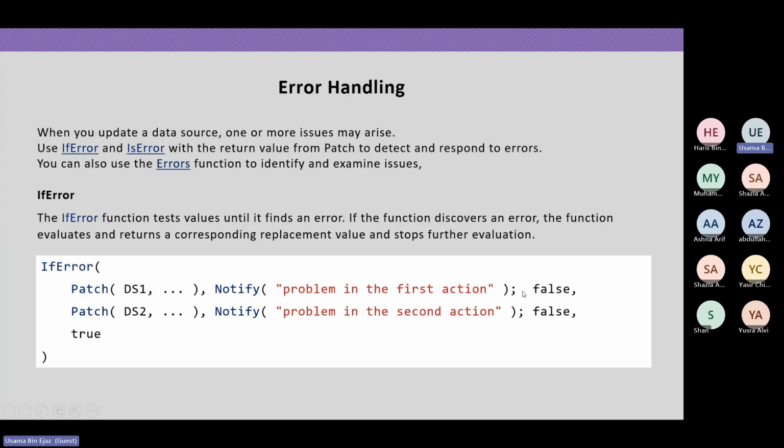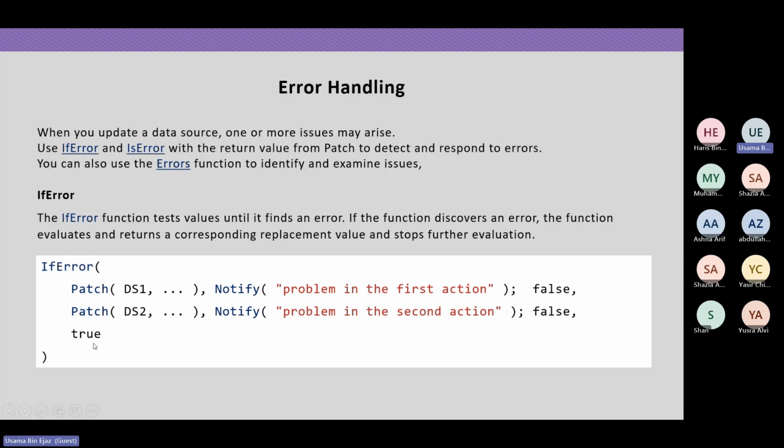It will show this notification. If the error does not occur, it will return false, and in this case it will go to the second statement and execute that statement. But if the error occurs in the first statement, it will not go further. And if all the statements execute successfully, it will return this default true.